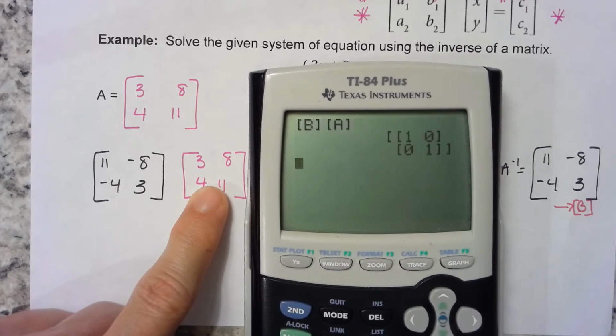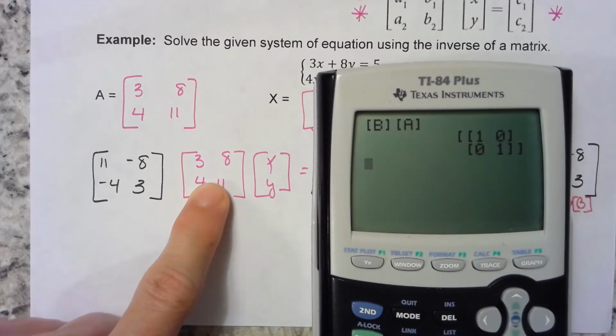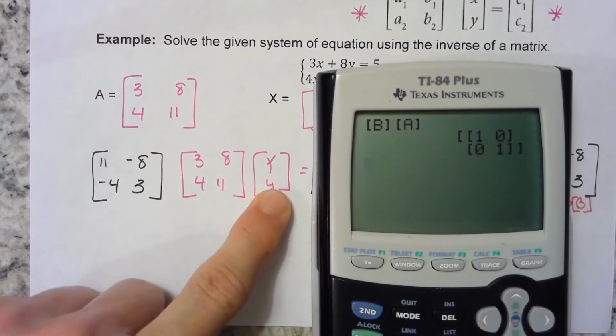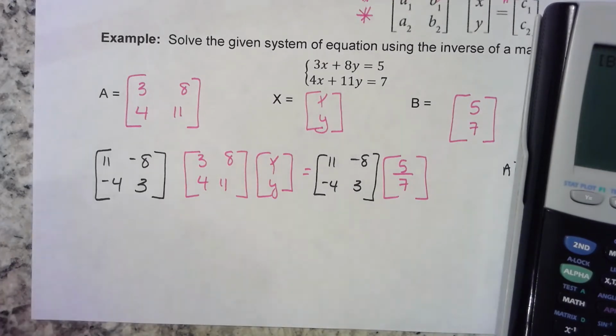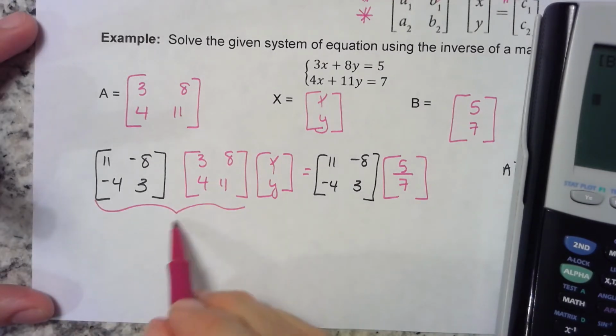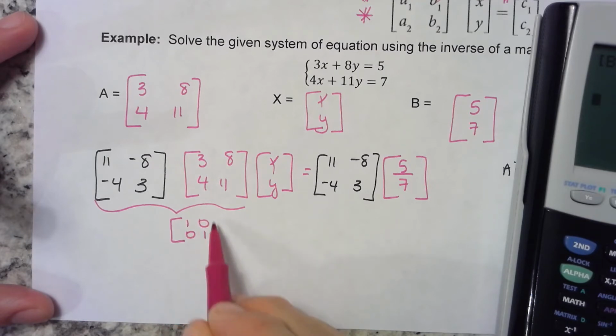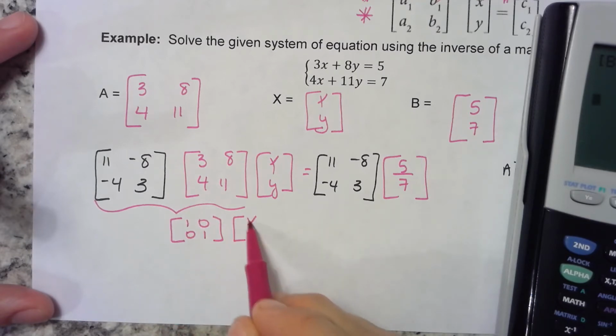And if I multiply the identity times xy, if I multiply these two, I get the identity matrix, and then I multiply that by xy.